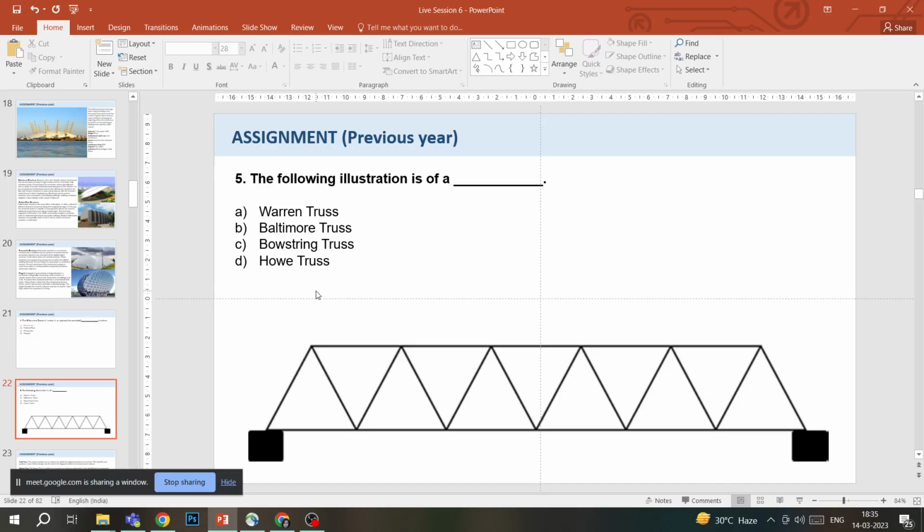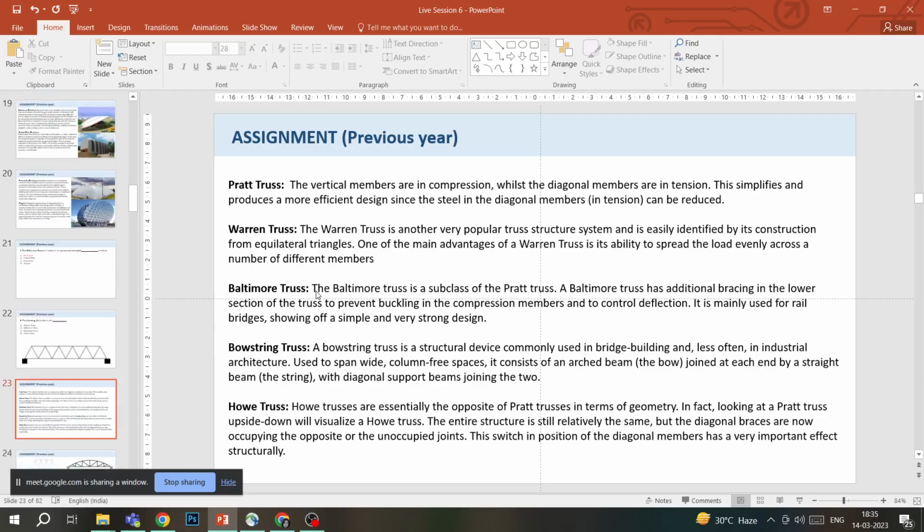So we will learn how these four trusses look and what these four trusses do, and then we will answer this question. And to be able to understand two of these trusses, we should know what a Pratt truss is, otherwise we won't be able to understand the other two trusses that come here.